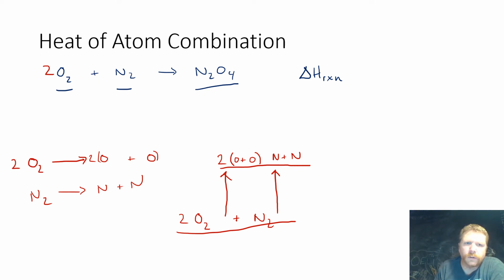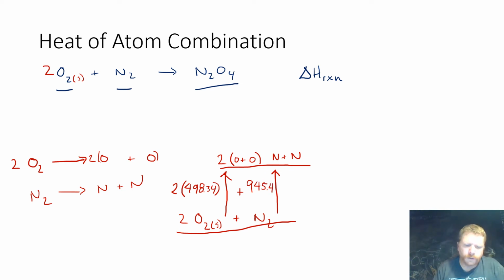So when I'm taking O2 gas, I'm breaking that down. Sorry, I didn't put the state there. What I'm doing is I'm doing 2 times 498.34. So I'm putting that energy in to break that molecule up. Okay, now with N2, I'm going to be adding 945.41.